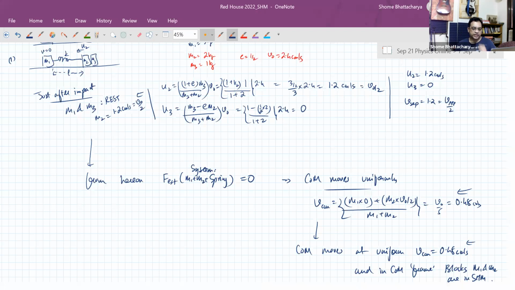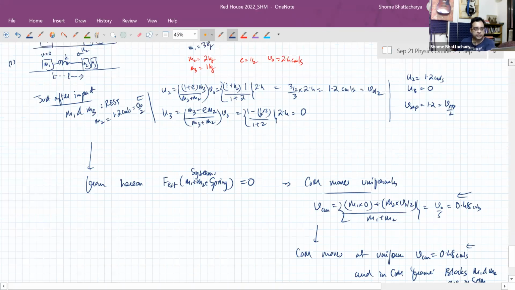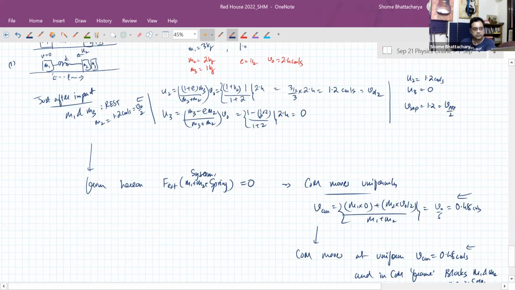So get into the center of mass frame and solve their SHM equation, and you can use any of the tricks that we've discussed above. One more data we'll need is the spring constant, which was 30 newtons per centimeter.